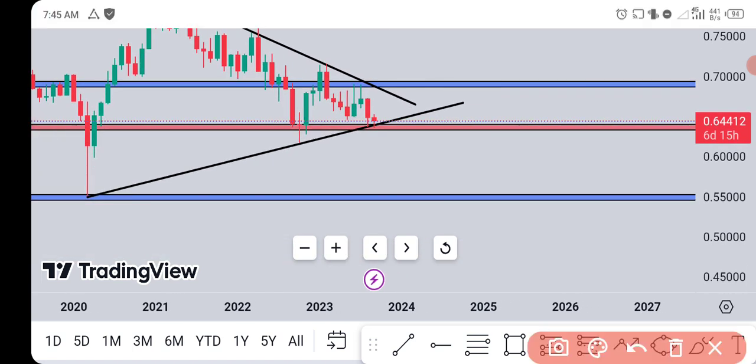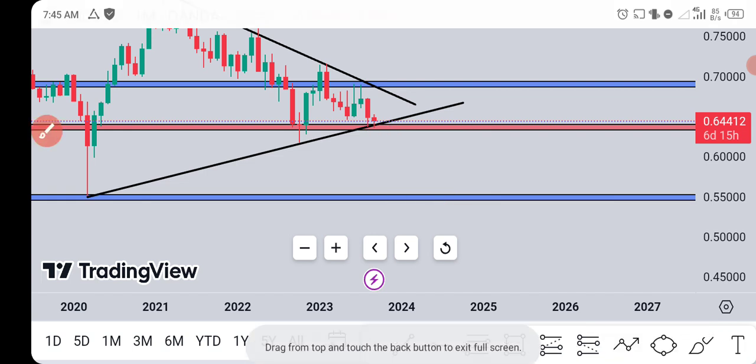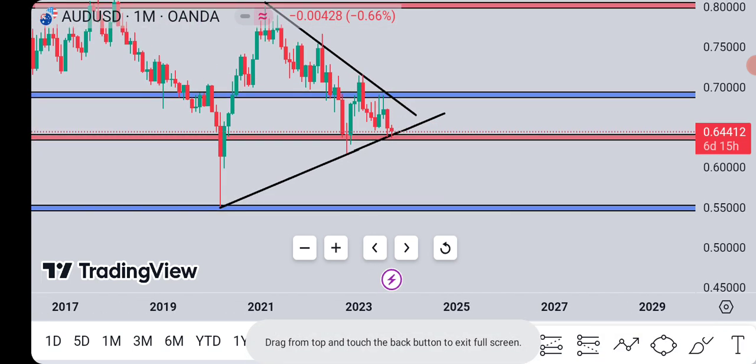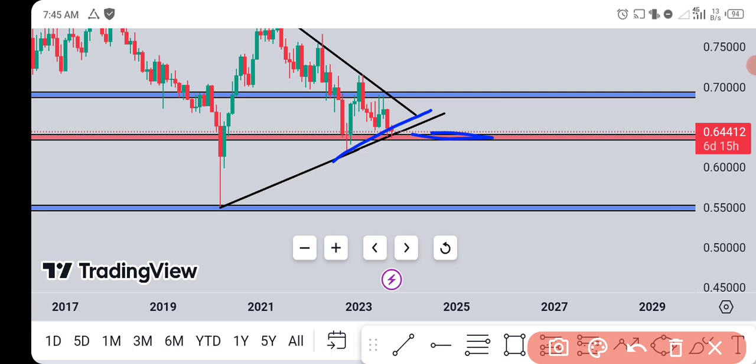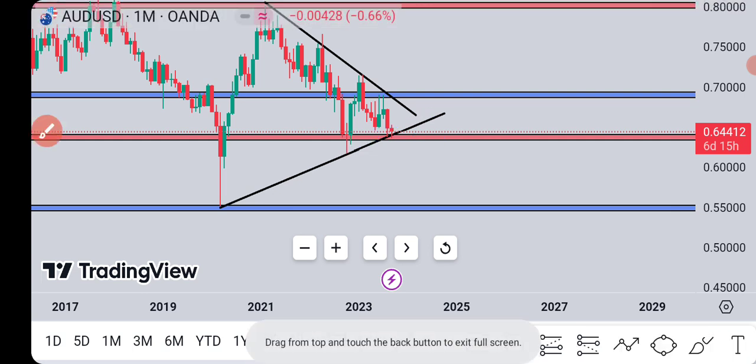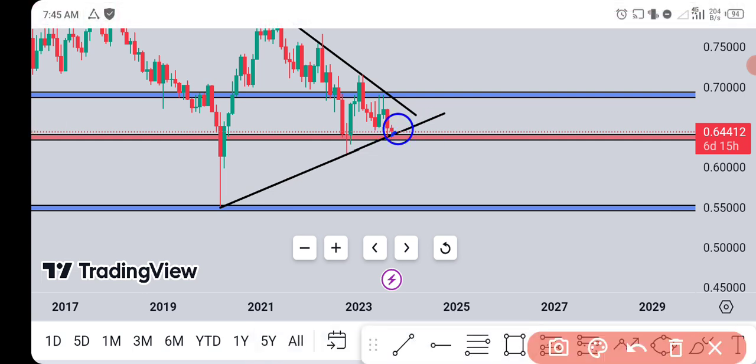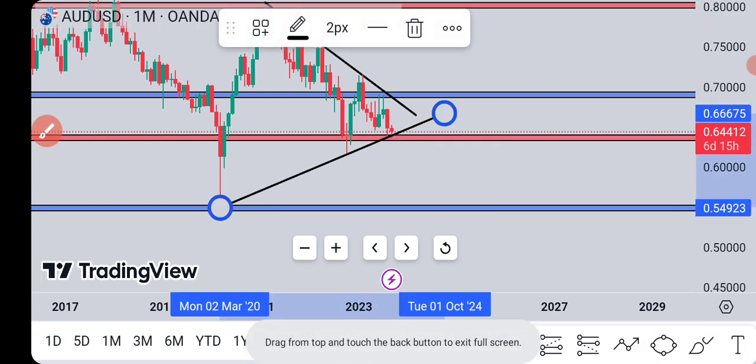This simply means that if we manage to break below this monthly zone, then we are heading to this weekly support level here. For now, selling the pair is not a good idea because of this monthly zone and this trend line here. So at least we need some kind of bullish price action before moving to the downside, even though we are in a bearish trend.